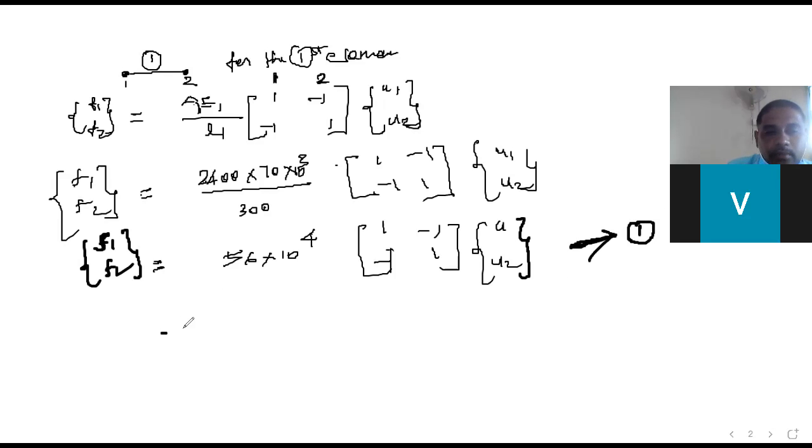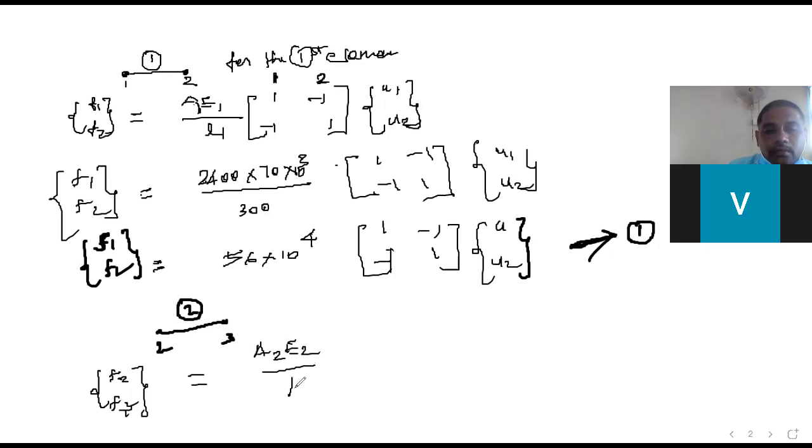So if you consider element number 2, the global node numbers are 2 and 3. If you formulate the finite element equation for element 2, you get F2 and F3 must be equal to, again, A2 into E2 divided by L2 into [1 -1; -1 1] into U2 and U3.